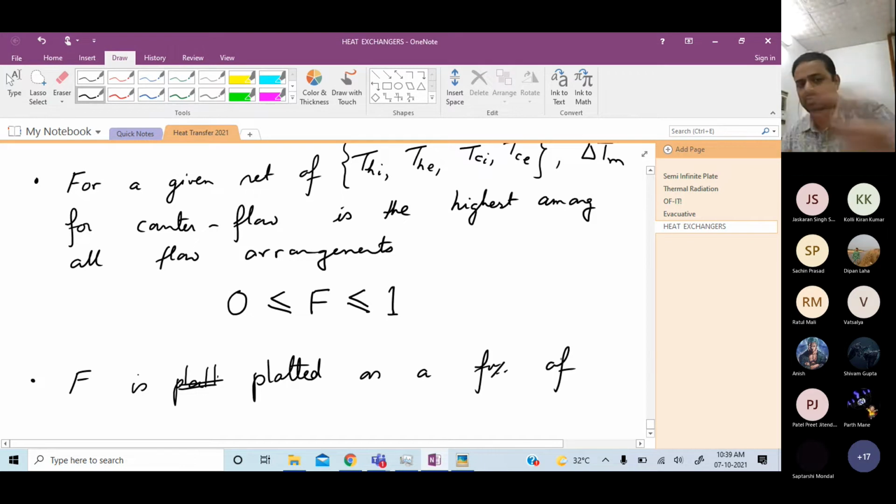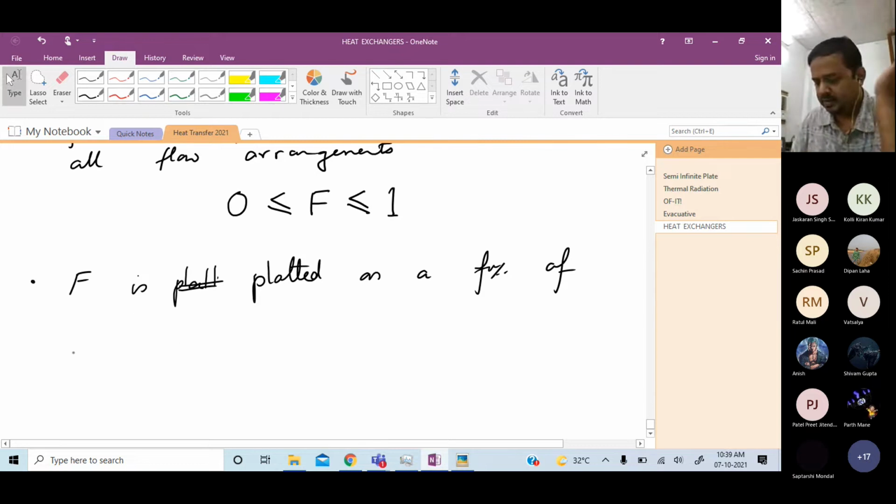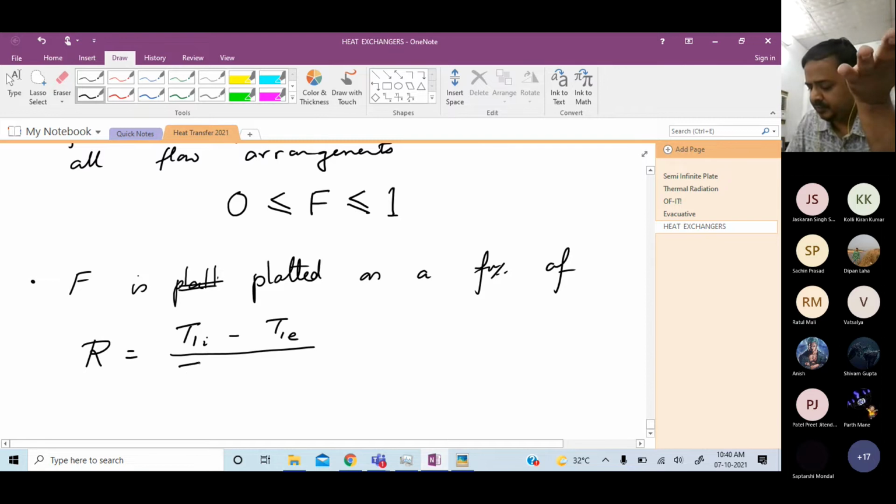One is denoted by capital R, and I'm going to write it as T1I minus T1E divided by T2E minus T2I.